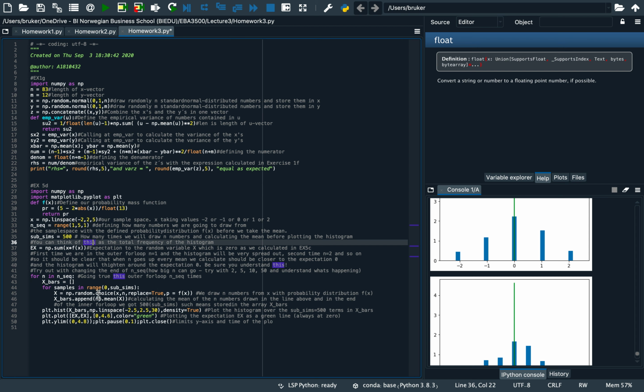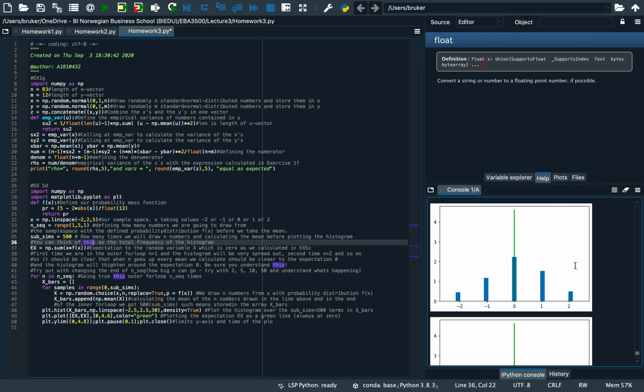So first time we have 500 numbers from our distribution, and we know that these numbers have to be -2, -1, 0, 1, and 2. And since we have 500 of them, they will be spread out pretty much as we expect the histogram to look like.